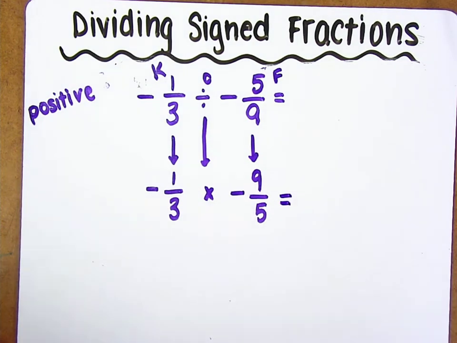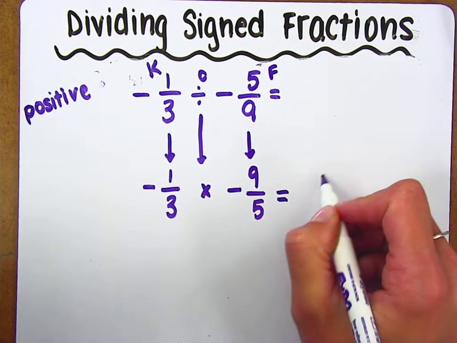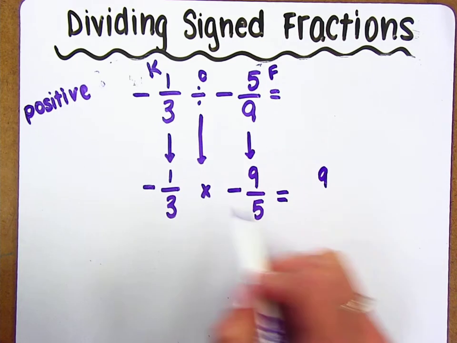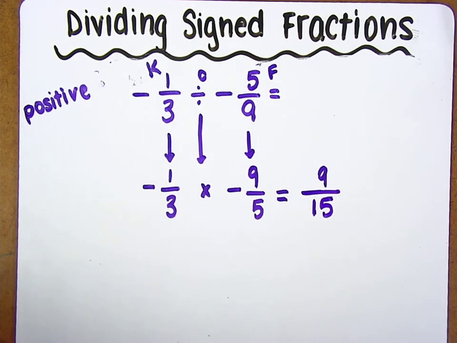Now that we have kept and flipped and changed, we can go through and follow the procedures for multiplying fractions. So to find our answer, we're going to multiply our numerators, so 1 times 9, which is 9, and 3 times 5, which is 15. And now we have to make sure we simplify that answer.